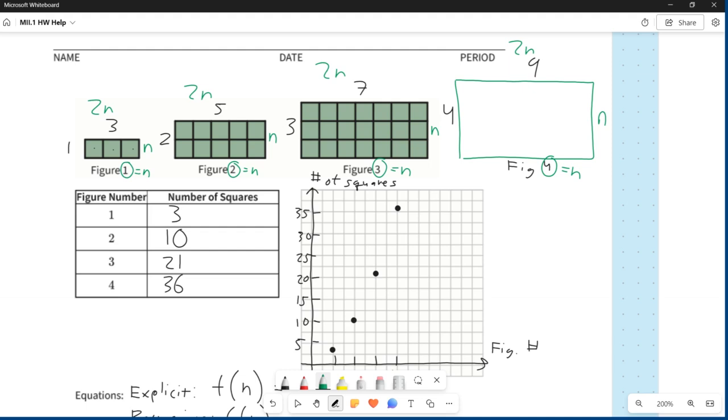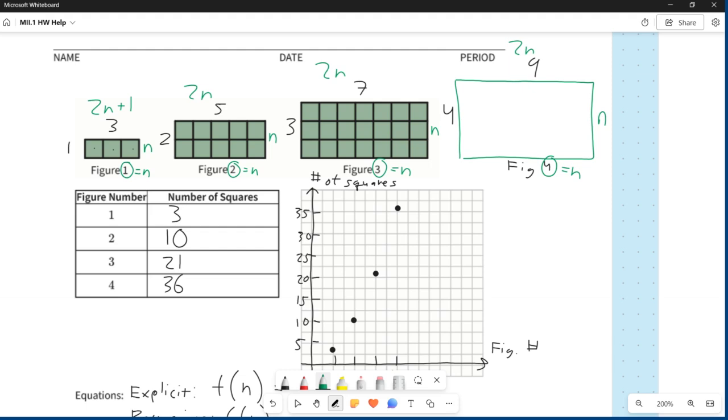Now, if I look at figure 1, and I look at 2n, well, if n is 1, then 2n is just 2, but I want 3. So what I really need to do is take that 2n and add 1 more to that. And hopefully you can see that if I let n be 1 and plug it into this expression, 2 times 1 is 2, plus 1 is 3, which is exactly what I want.